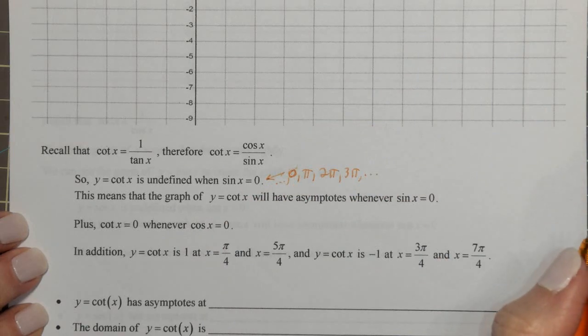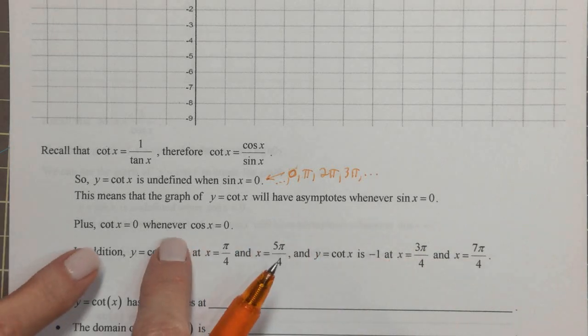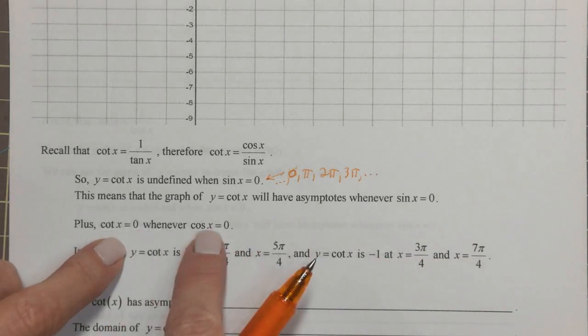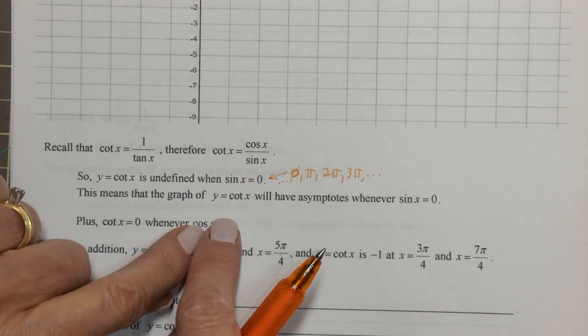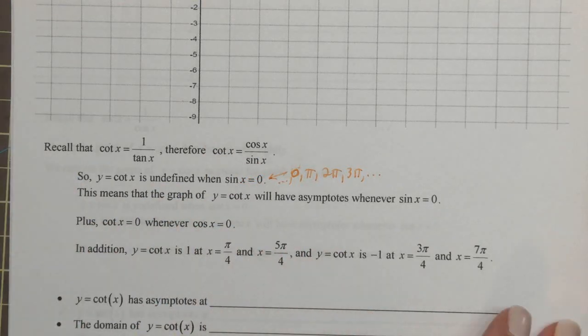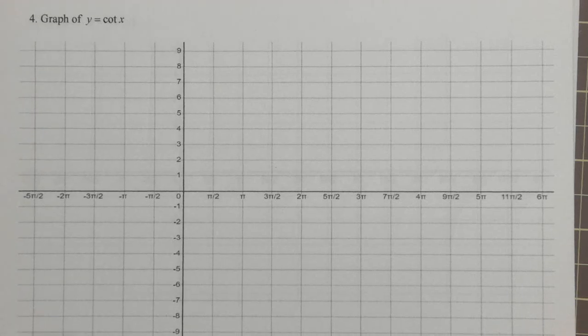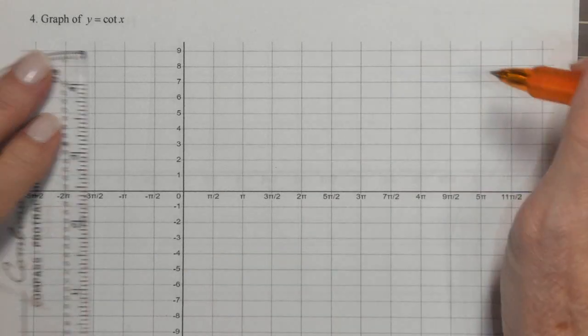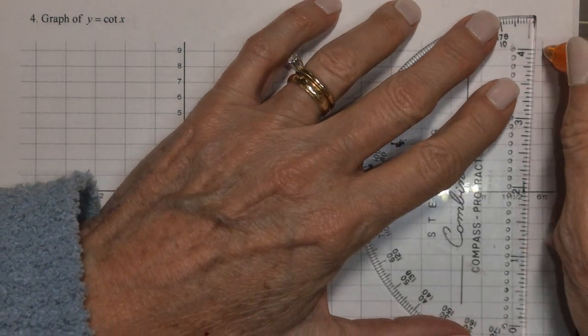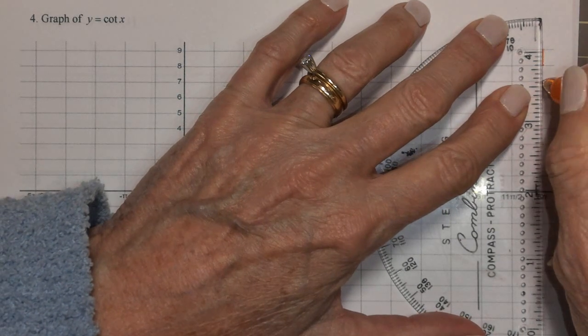That's where we'll have asymptotes. In addition, cotangent is 0 whenever the numerator is 0, so cosine is 0. So let's draw our asymptotes at all of the whole pi's. At all of the whole pi's, cotangent will have an asymptote.